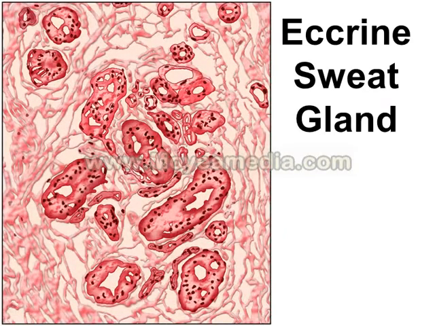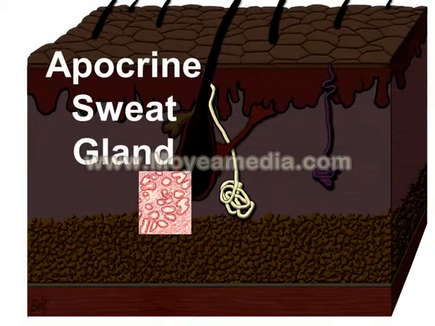The coil of the secretory unit sits, often surrounded by fatty tissue, within the deep dermis. The apocrine sweat gland is associated with the pilosebaceous unit.